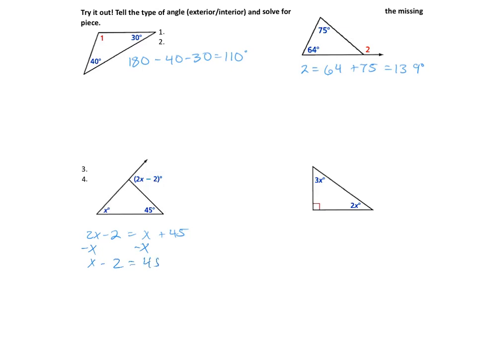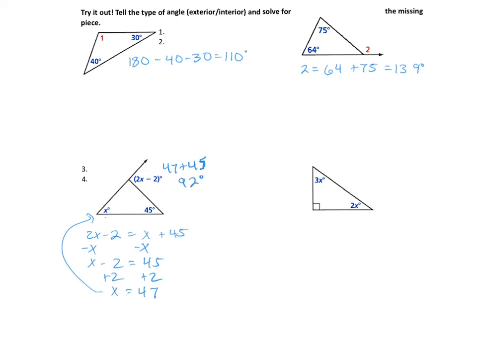I'm going to add 2 to both sides. x then must equal 47. So this is 47 here. And this angle then must be 45 plus 47, right? 45 plus 47 gives me 92 degrees.